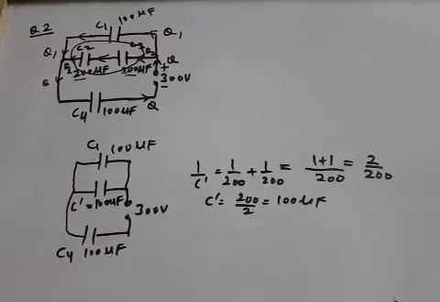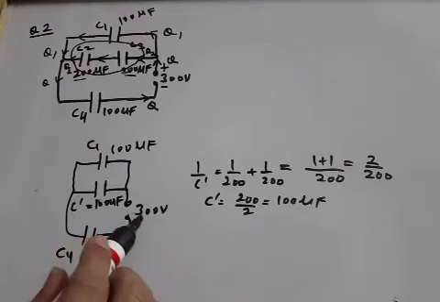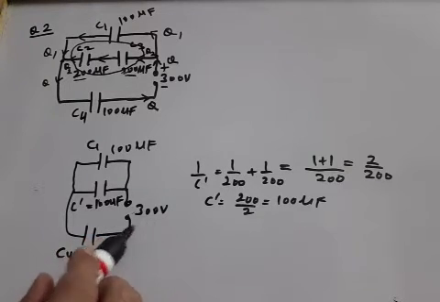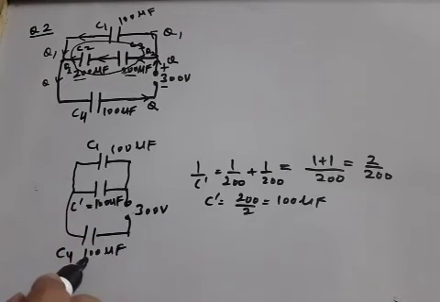Now by seeing this circuit, you may get confused that all the three capacitors are connected in parallel. They are not. Actually these are not in parallel because the battery is shown here. So here we have to very carefully solve this network.